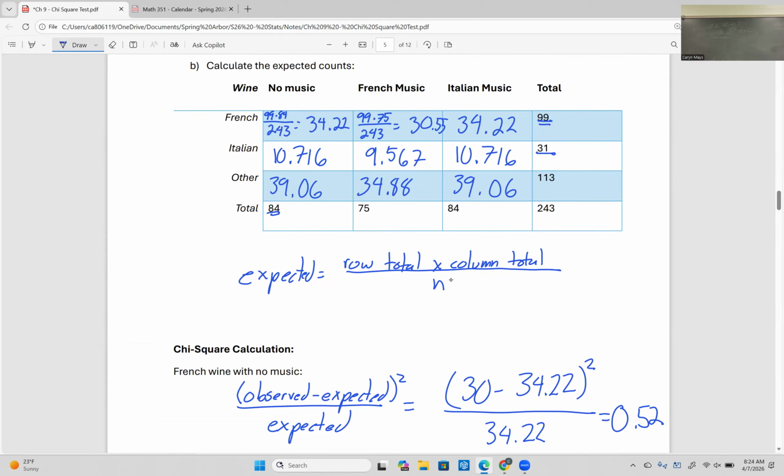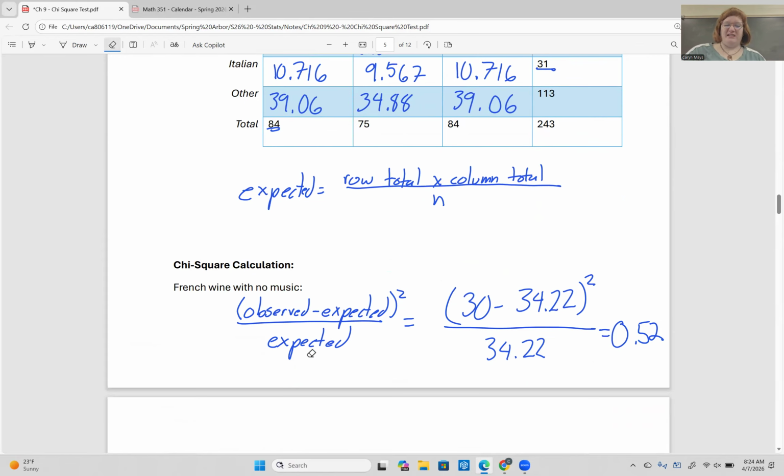For your post-class activity, there is one where you do it for just one cell: find the chi-square statistic for that cell. But to actually find the full thing, we would find observed minus expected squared over expected for every cell and add them together.